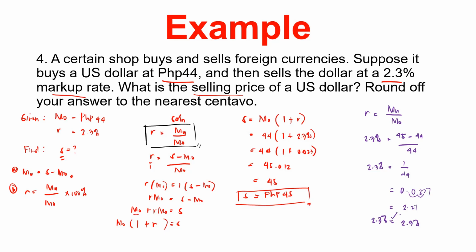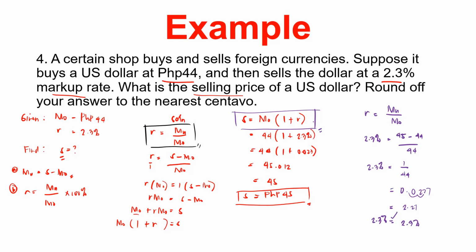Okay po? So, we can use this formula if we are looking for the selling price in relation with the markup. Nakuha po. Pero syempre, kaya kailangan natin i-manipulate yung formula para mas mapadali yung buhay natin.